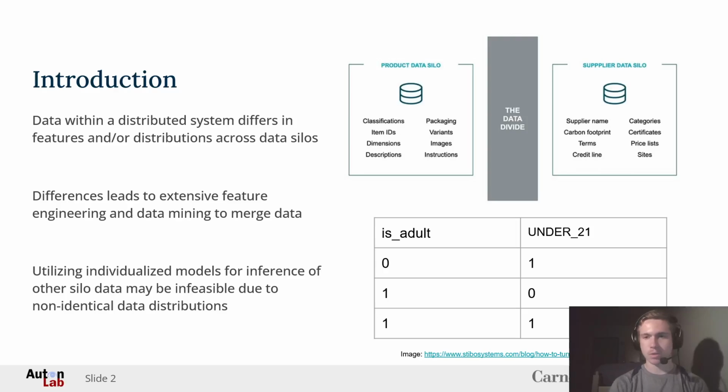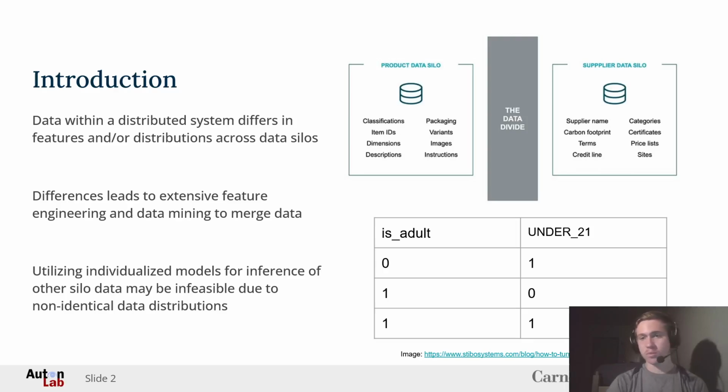These different hospital systems will have different ways of tracking patient data that may not always be consistent with one another. And if you desire to combine or merge some of this data together, that will lead you down the path of extensive feature engineering, data cleaning to get this data into one place.